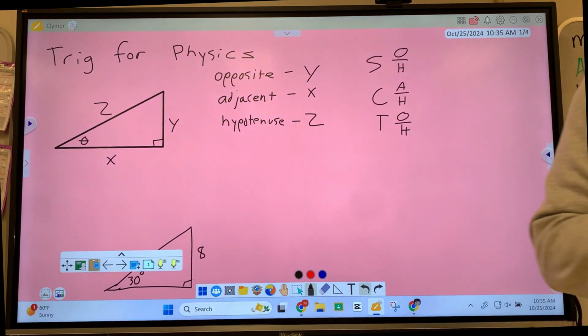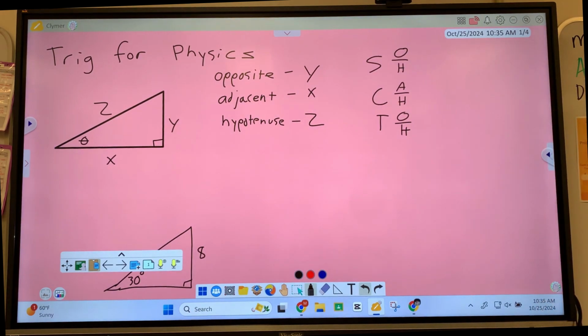So this should be familiar to all of you. SOHCAHTOA. You guys have seen this in geometry. I don't know how much you actually did with it or how long ago geometry was for all of you, but you can at least remember the moniker SOHCAHTOA.